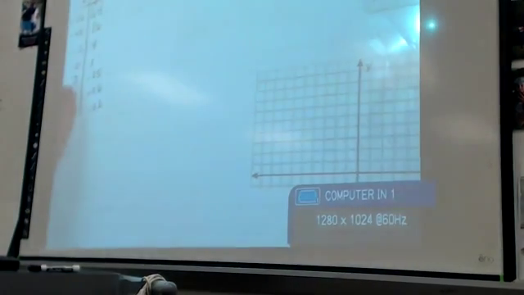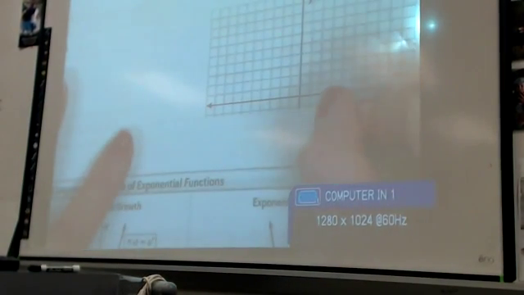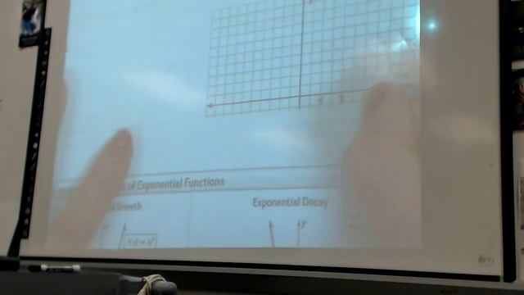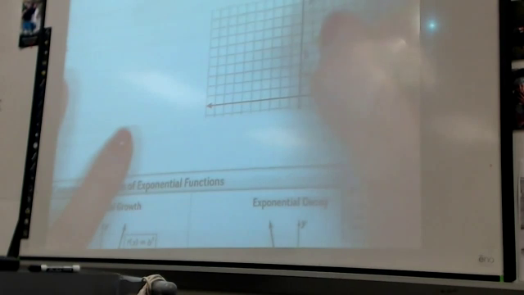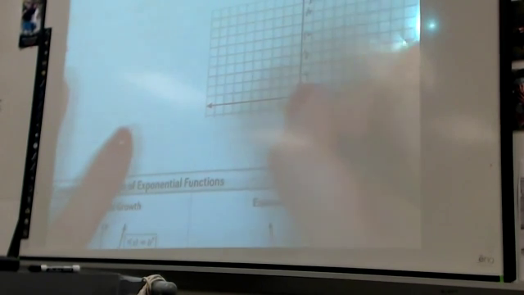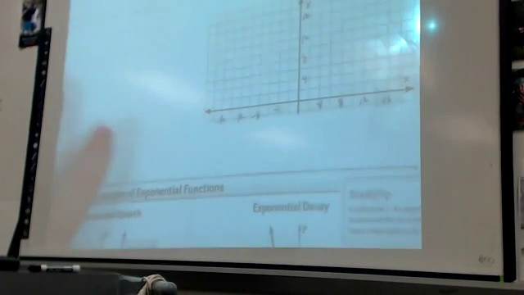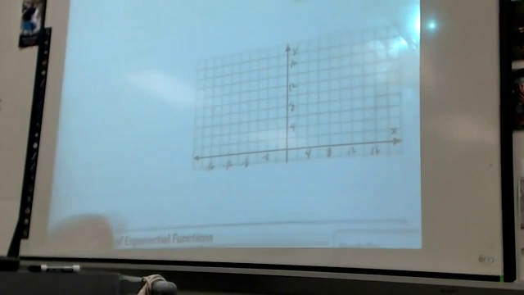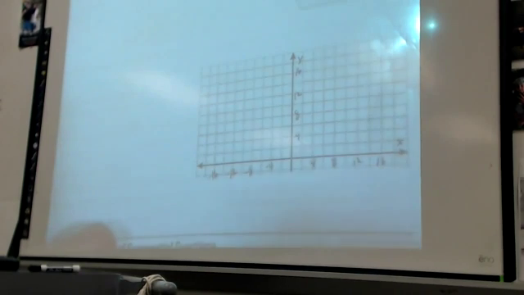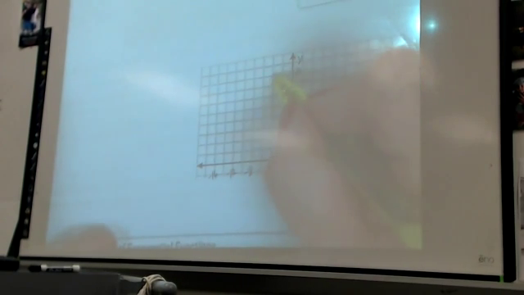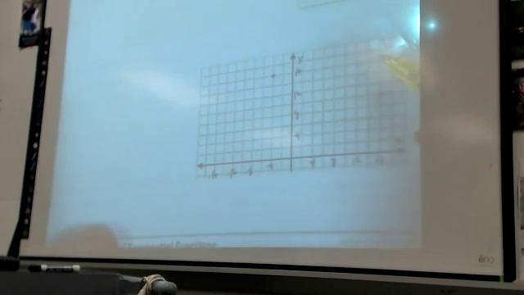Of course, we can't do negative. Oh, we're going to count by twos again. Okay. So negative 4, 16 I can graph. Negative 2, 4 I can graph.